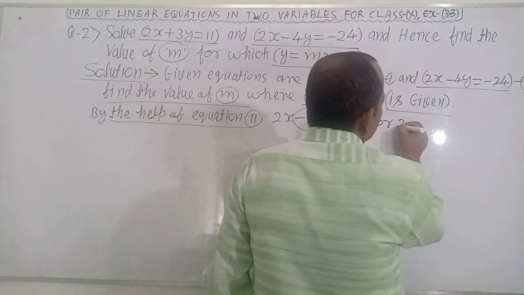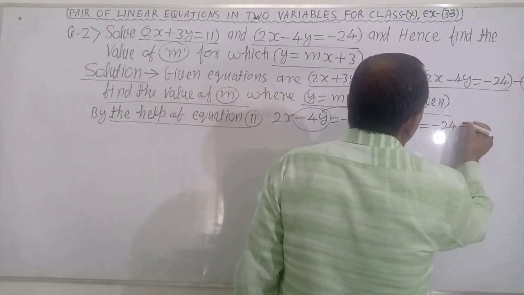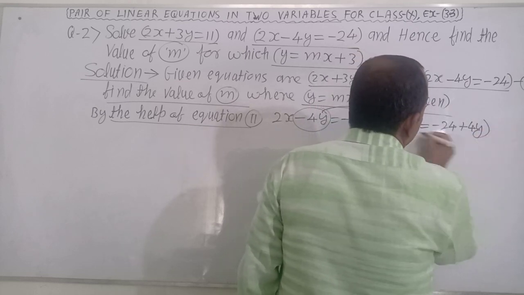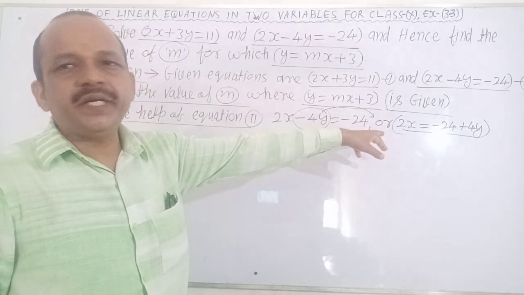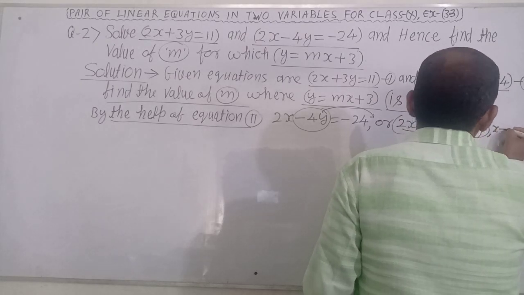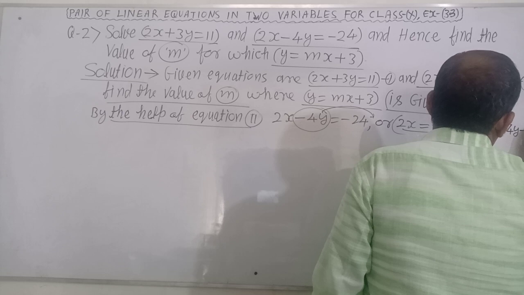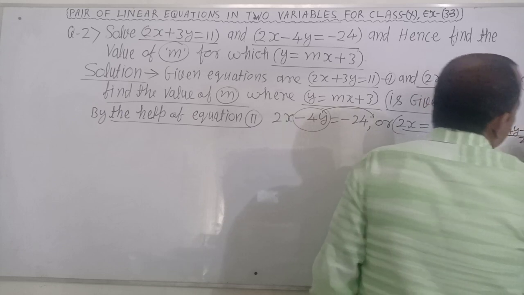It becomes 2x equal to minus 24 plus 4y. You can write it as x equal to 4y minus 24 by 2.